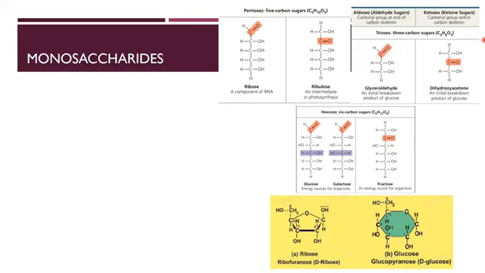Now we'll discuss their formulas as well as have a look at their structures. The two trioses mentioned here are intermediates in respiration and photosynthesis. What are these two trioses? As you can see here, they are glyceraldehyde and dihydroxyacetone.